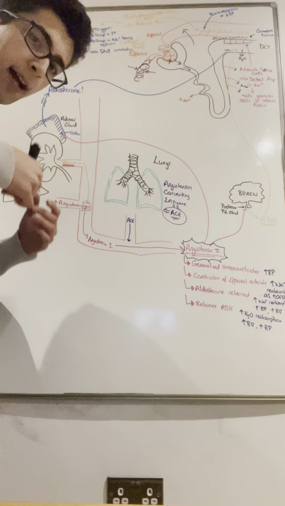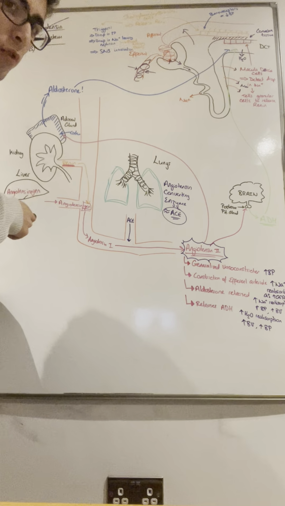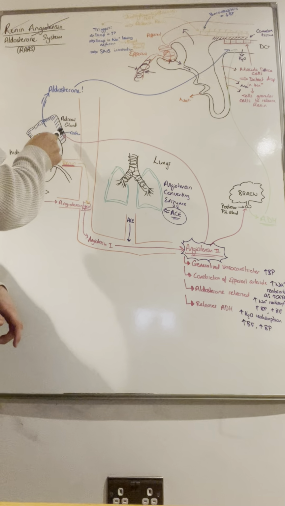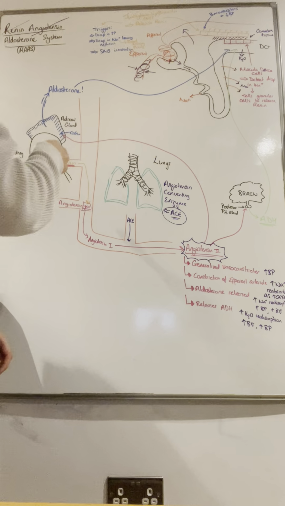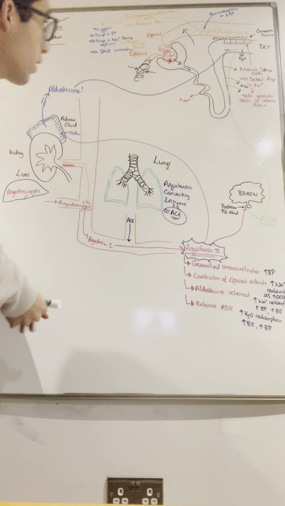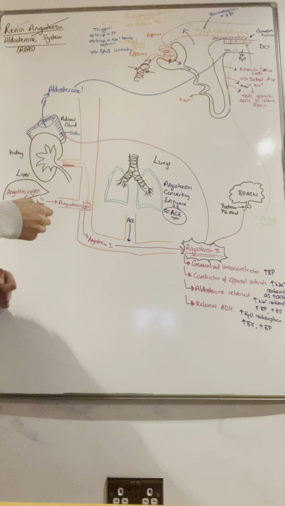It's like its little hat. And it goes specifically to the cortex of the adrenal gland. So that's sort of the outermost layer of our adrenal gland. And this is where aldosterone is found, okay? So aldosterone is in this area here, in this cortex.